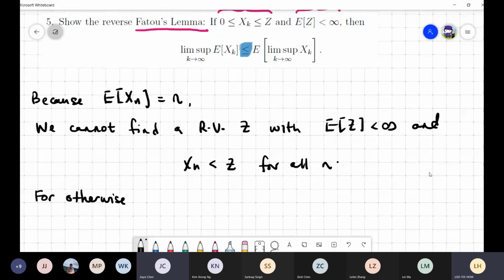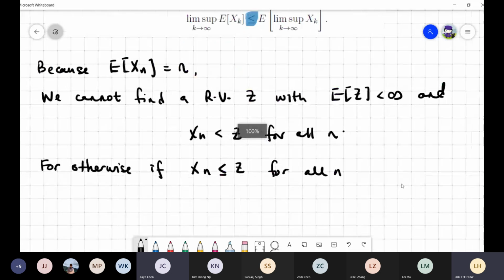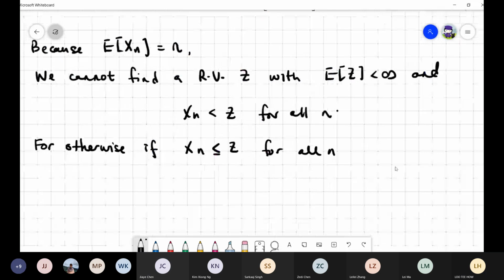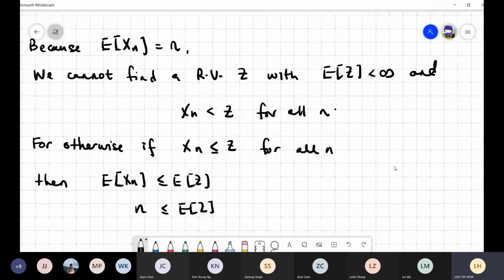So if xn is less or equals to this, or n, then we must have E of xn less or equals to E of z. In other words, n will be less or equals to E of z.